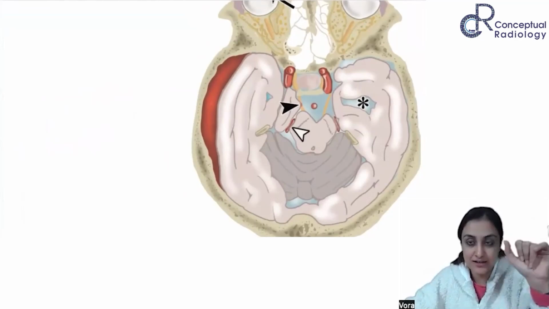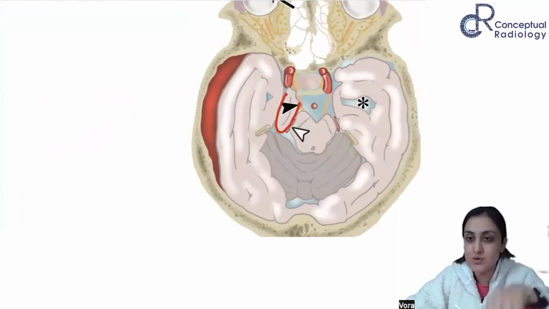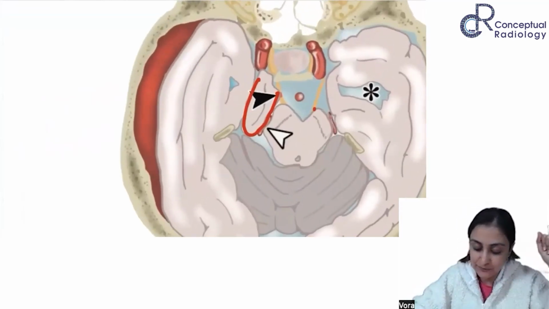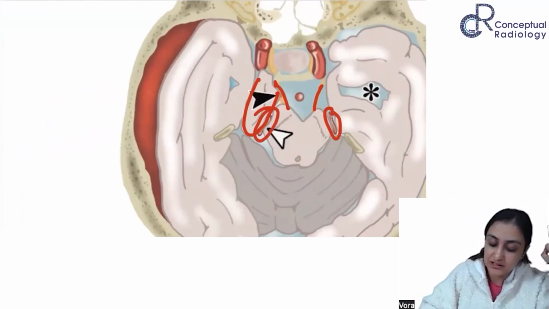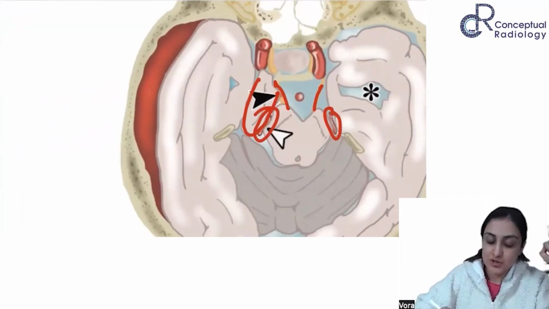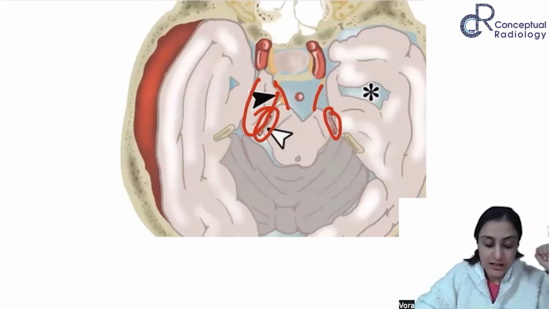In lateral DTH, what you have is the uncus and the parahippocampal gyrus which come down. What will happen? In this part, I have the third cranial nerve, the oculomotor nerve, and we have the PCA which is running here in the ambient cistern. So what will happen when the uncus comes down at this level?